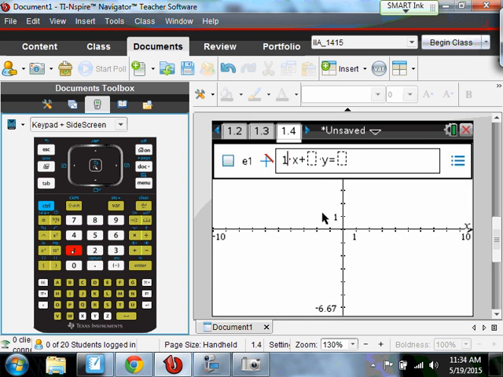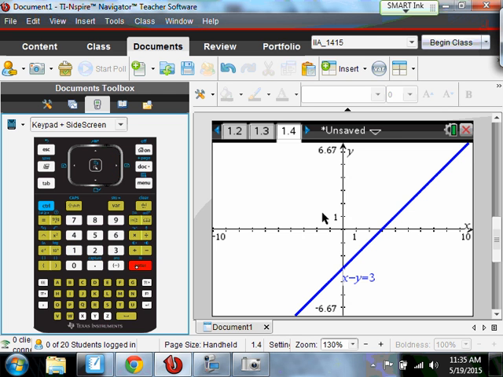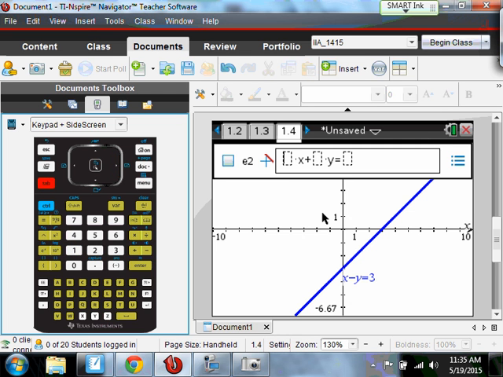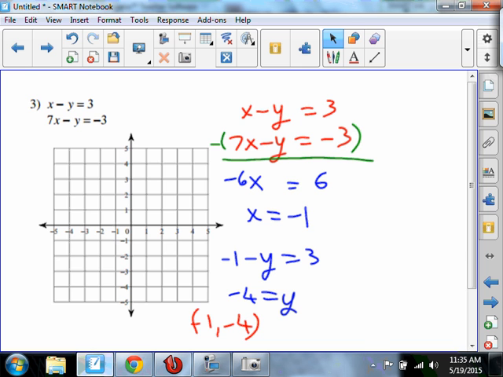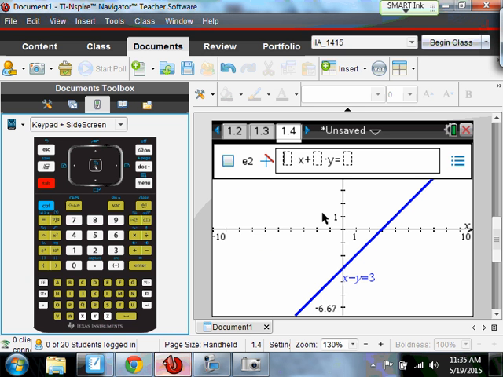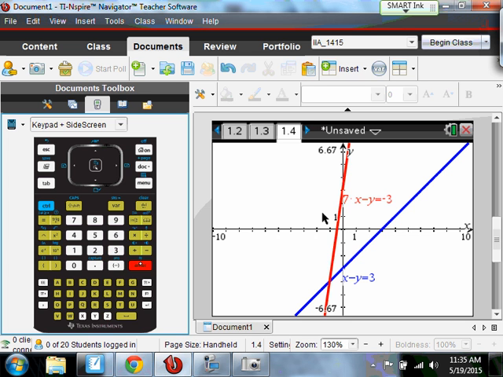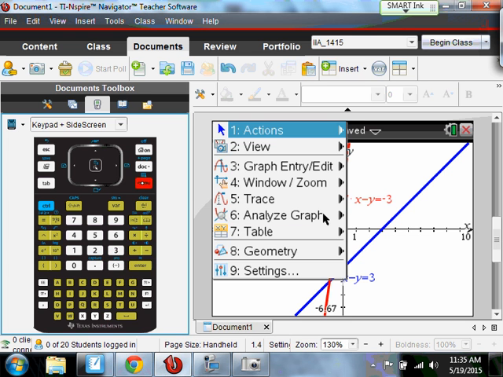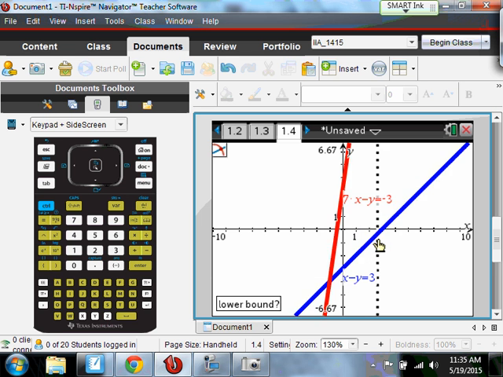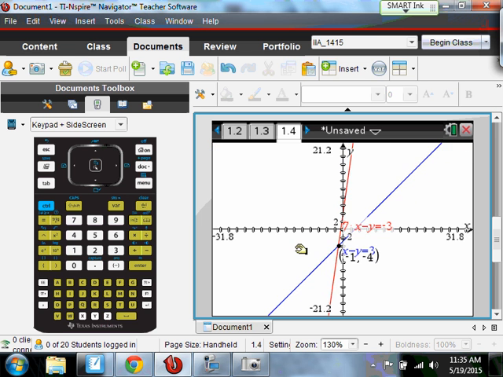So 1x minus 1y equals 3. So we graph that line. Tab, the second one was 7x minus y is negative 3. So 7x minus y equals negative 3. And we could graph both of those, and then we calculate, by using our special eyes, we calculate the intersection, and there it is, negative 1, negative 4.